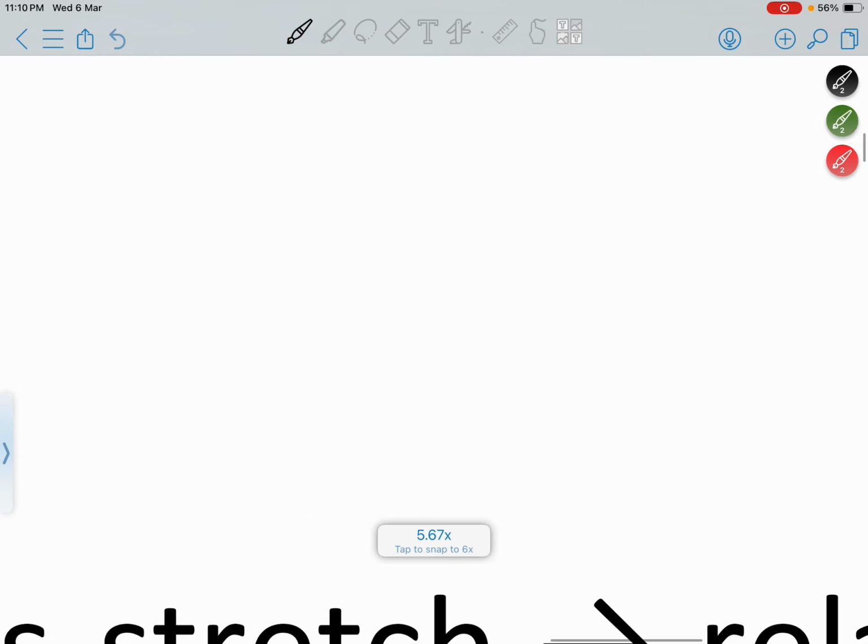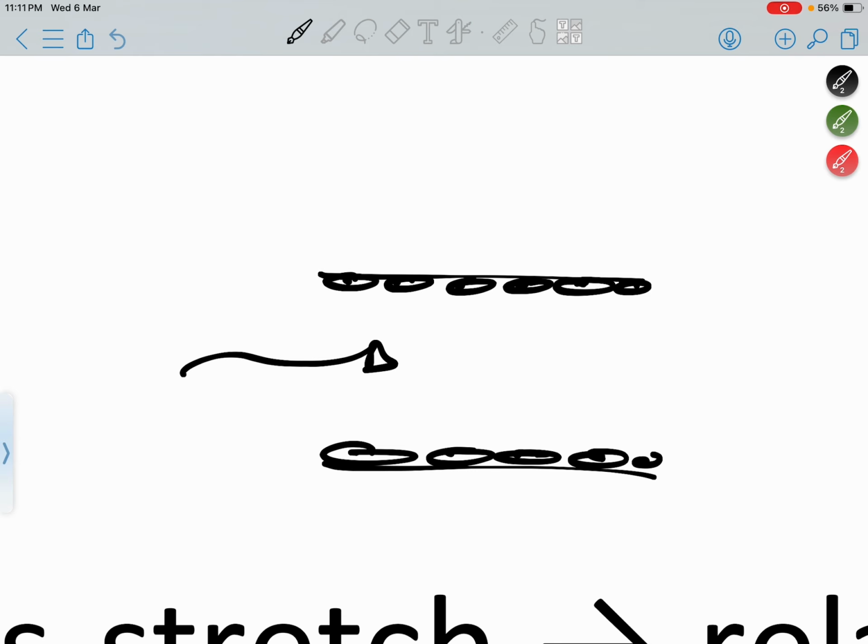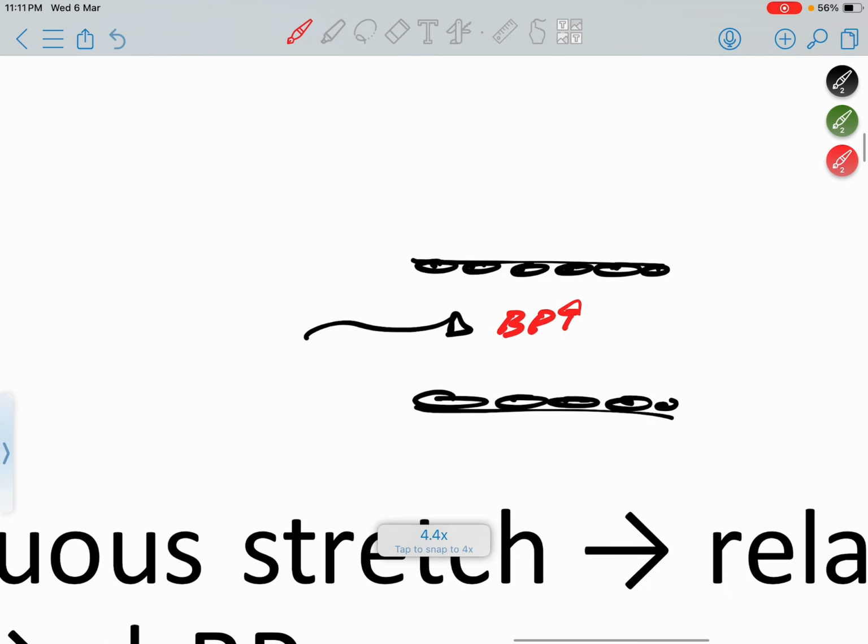Okay, so what is happening? This is the blood vessel. Here we can see smooth muscles. Smooth muscles are present in the blood vessel. When there is an increase in BP, the walls of the vessels are stretched.